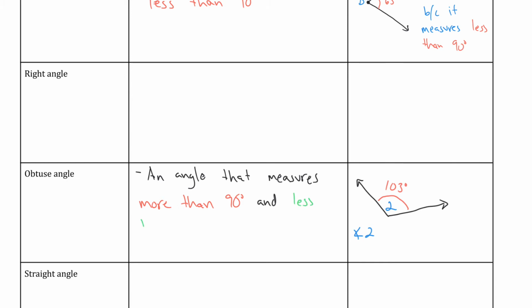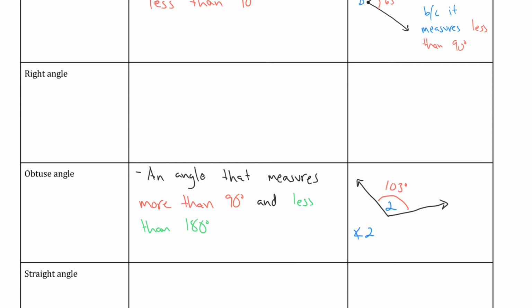less than 180 degrees. This is due to the fact that if it is more than 180 degrees, then we're talking about something that goes past a straight line, and we're not going to touch anything like that in this particular chapter. But anyways, the definition of an obtuse angle is an angle that measures more than 90 degrees and less than 180 degrees.